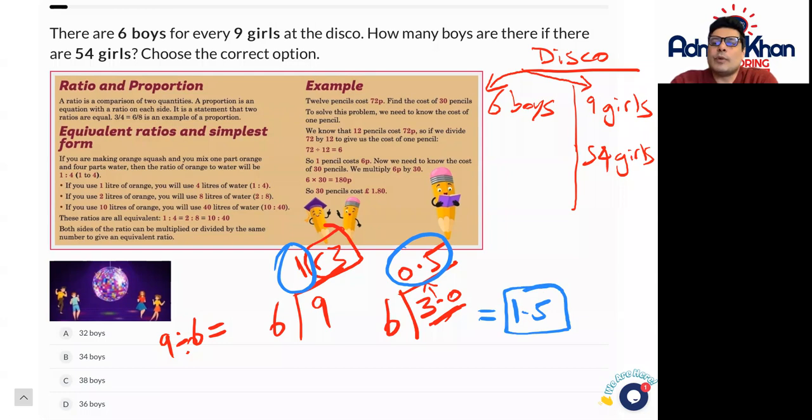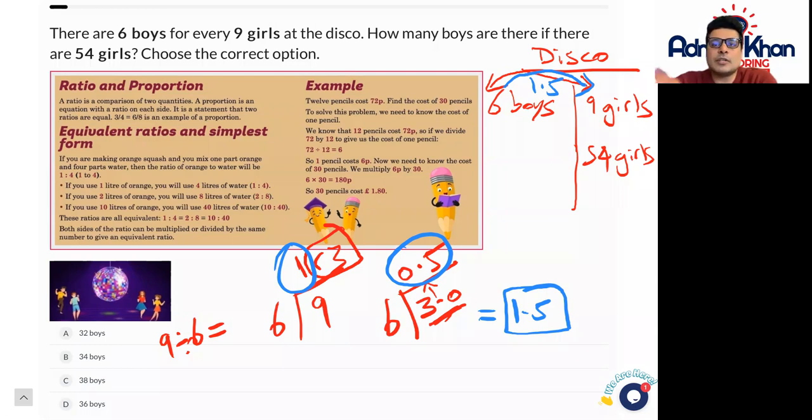So now we know that if you were to multiply 6 by 1.5, that gives us 9. Or if you were to do 9 divided by 1.5, that gives us 6.